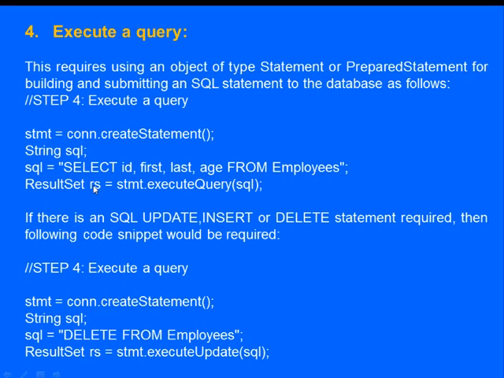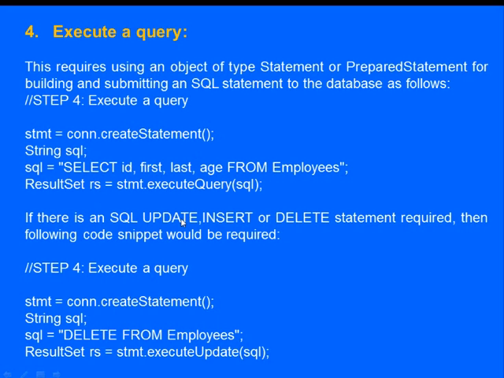Result set means that after execution of the query, suppose the table employees contains 10 records or 10 rows, all those rows with these attributes will be fetched and assigned to the rs object.